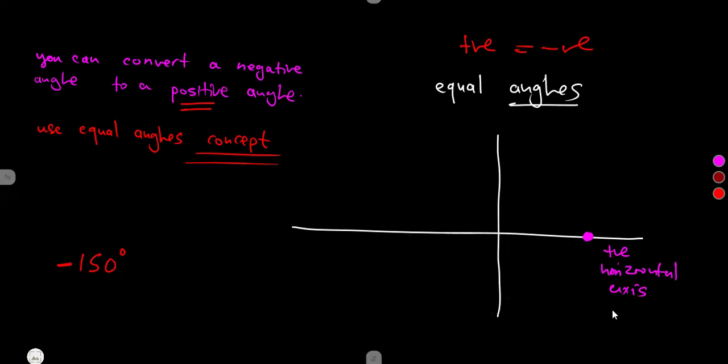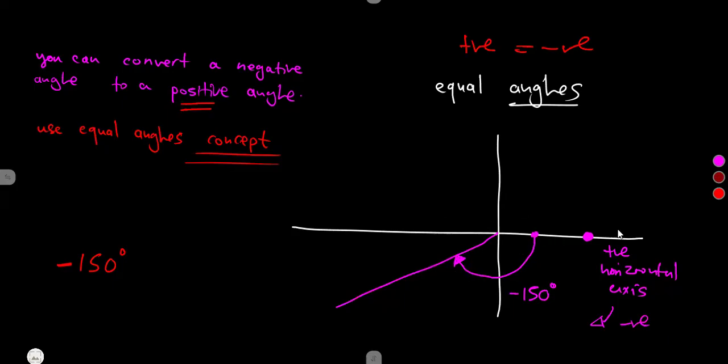I said negative angles go clockwise. So minus 150 lies somewhere there, taken from the positive horizontal axis. This is where we have our negative 150 degrees.